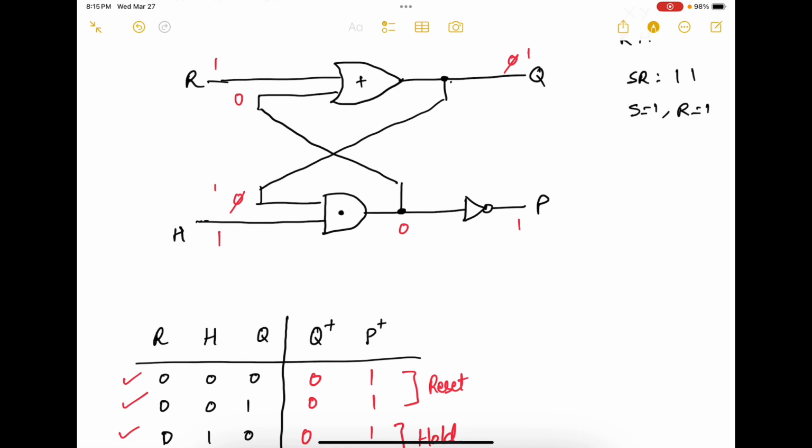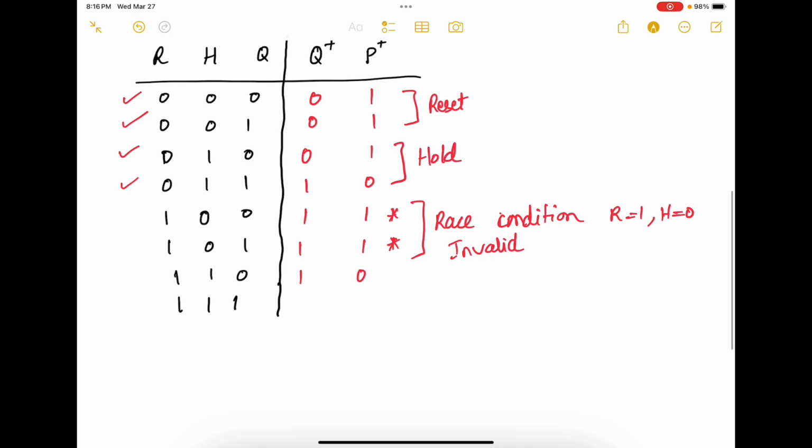This goes down. 1 and 1 is 1. 1 flip is 0. 1 goes on top. 1 or 1 is 1 and the circuit stabilizes. Therefore, when R is 1 and H is 1, Q plus is 1 and P plus is 0. This condition is satisfied. That's okay because Q is the complement of P.